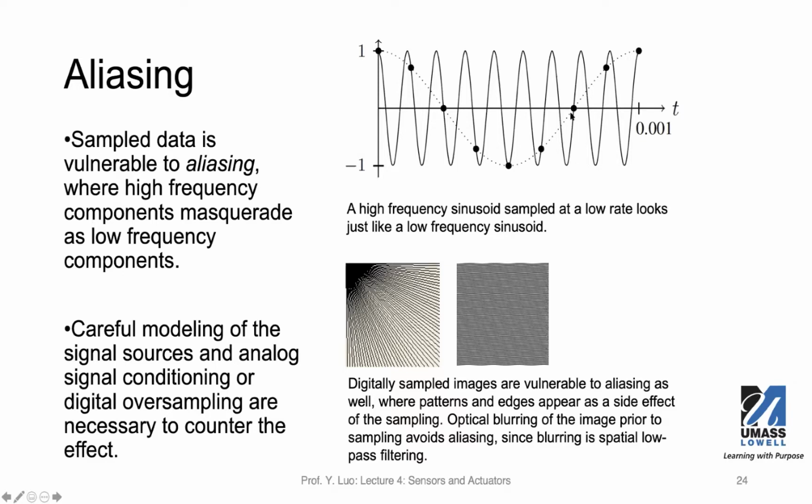All these samples overlap on the same dot for the two signals, which means that by taking these samples, we have no idea what the frequency of this signal is. It could be from 1 kHz, it could be from 9 kHz. This is called aliasing.